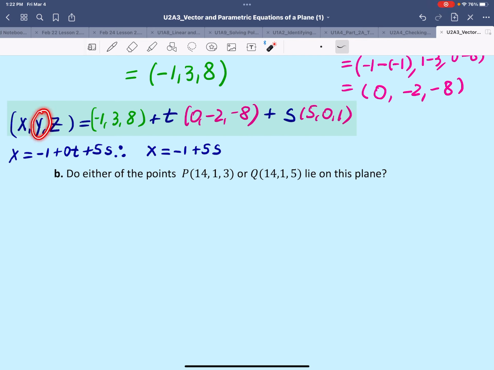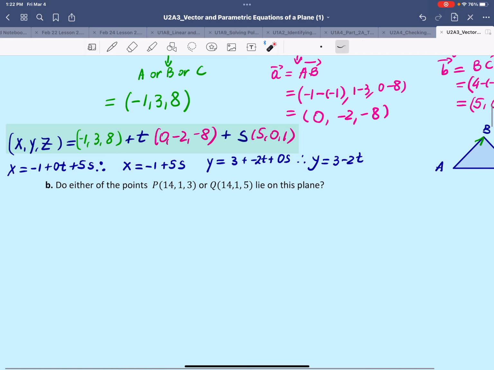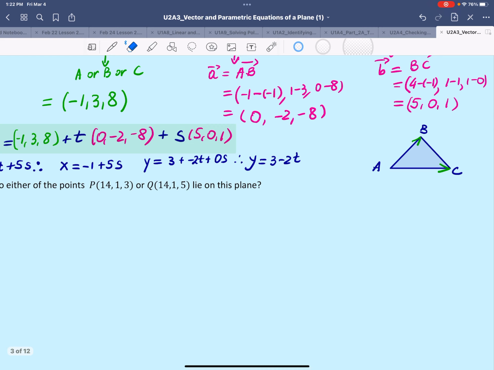Next, we have the equation for y, which is 3 minus 2t plus 0s, so the equation for y is 3 minus 2t. And last, we have the equation for z, which is z equals 8 minus 8t plus 1s, using the direction vector coordinates. So here we go.